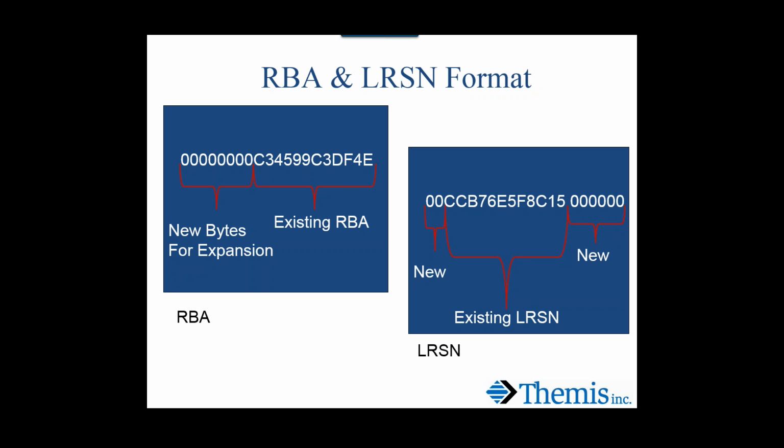One of them actually spins, just kind of waiting for the clock to advance before getting that actual RBA. That's actual CPU that's consumed waiting for the clock to move on. Well, now the clock is moving much, much faster because we have a lot more precision on the right-hand side of that LRSN. So they've solved a couple of problems at the same time here with this extended RBA LRSN.